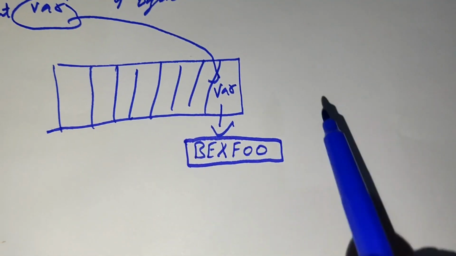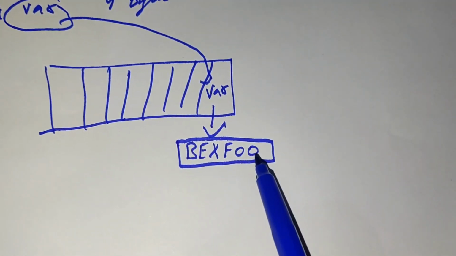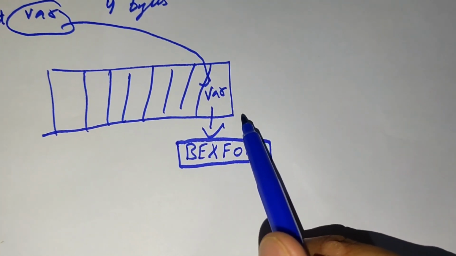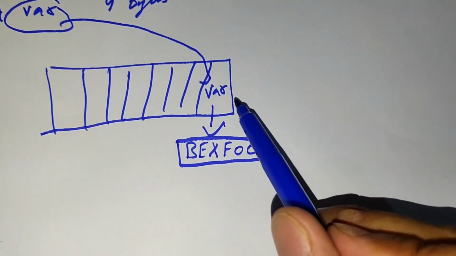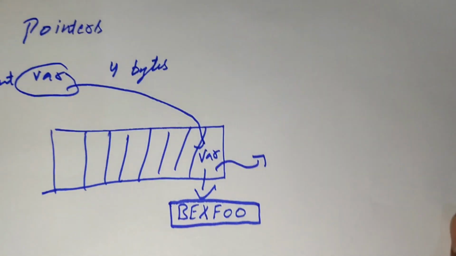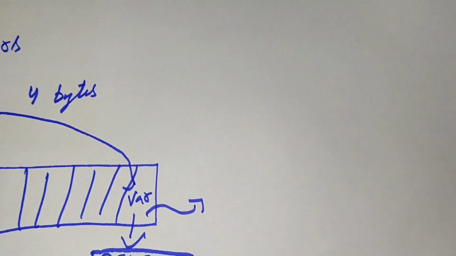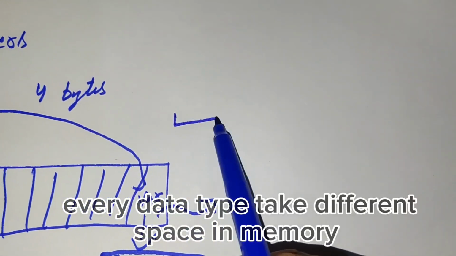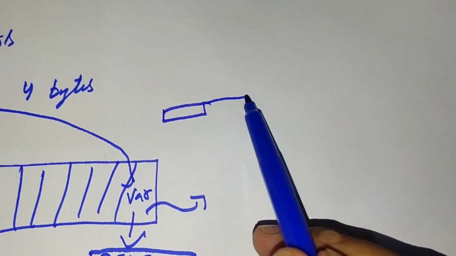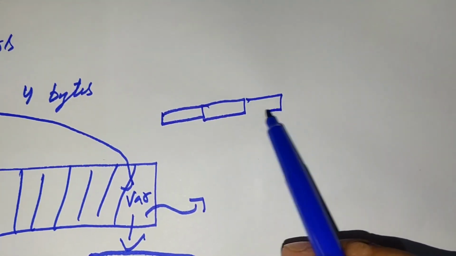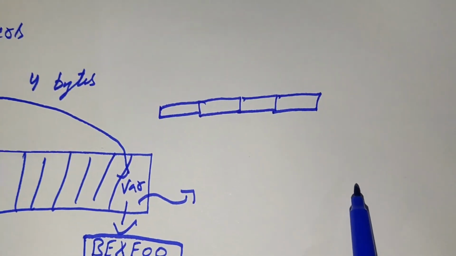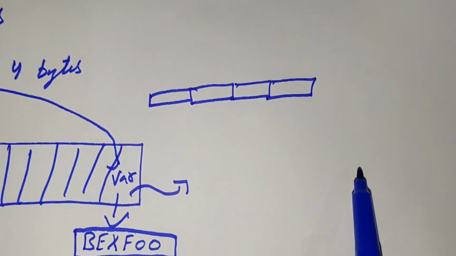Now, since this is an integer data type, it has 4 bytes: 1 byte, 2 bytes, 3 bytes and 4 bytes, and each byte has its individual address.